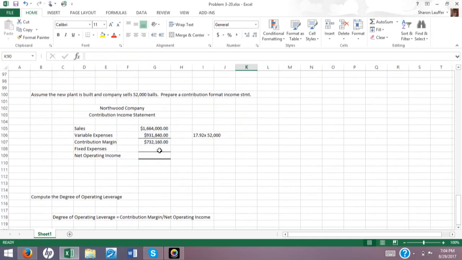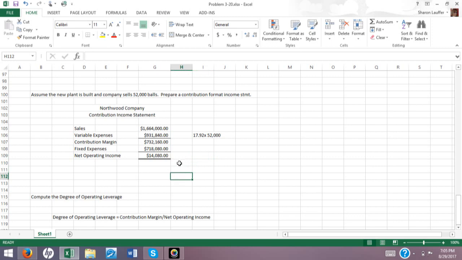It'll teach me to write down my formulas so you can see them. So there's our fixed expenses. So our net operating income is our contribution margin less our fixed expenses, which gives us a net operating income of $14,080. I apologize for my stumbling around on that, but hopefully you can see where we got those numbers.